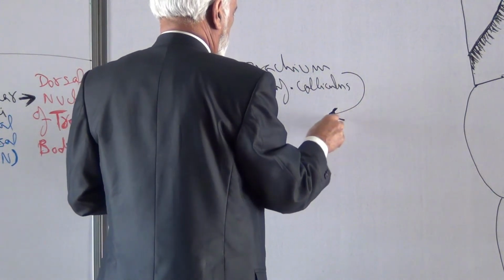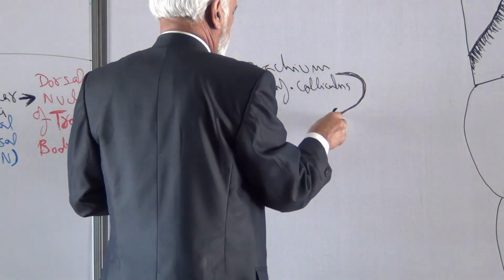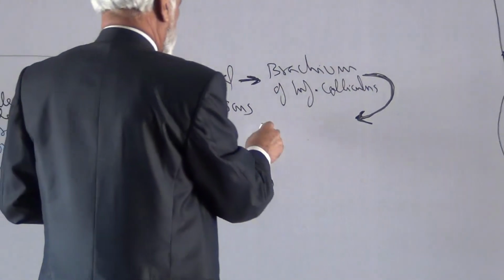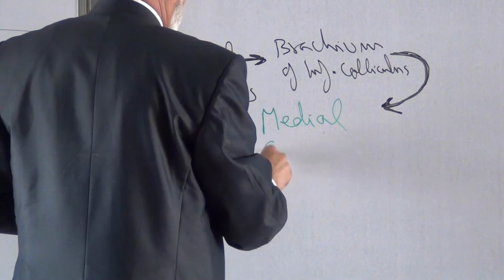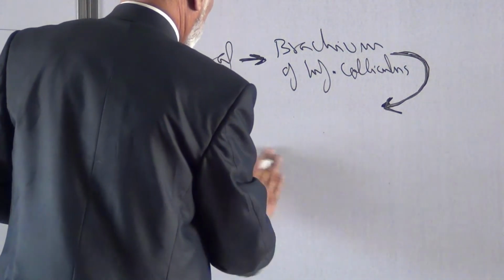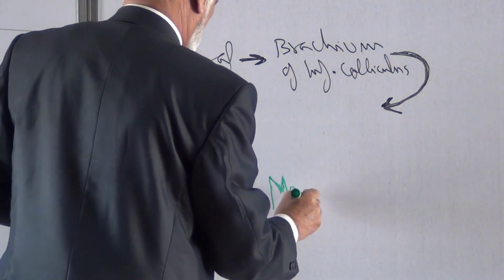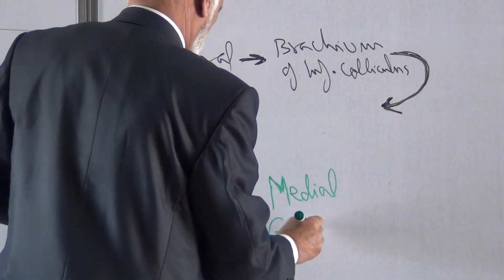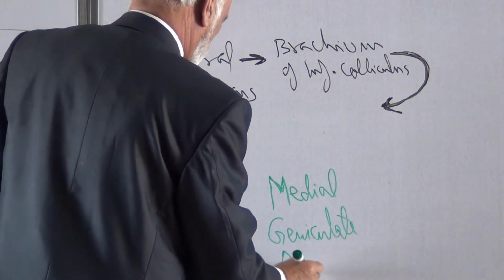And from the brachium of inferior colliculus, these fibers relay in the medial geniculate body.